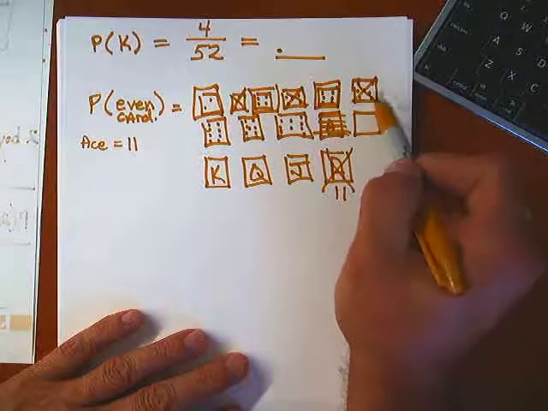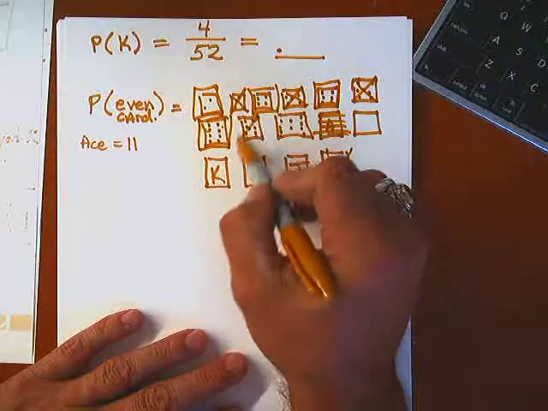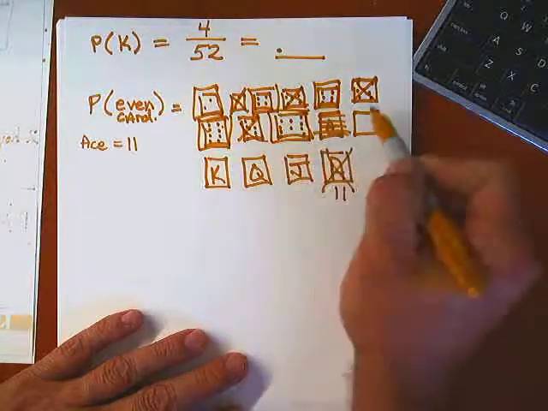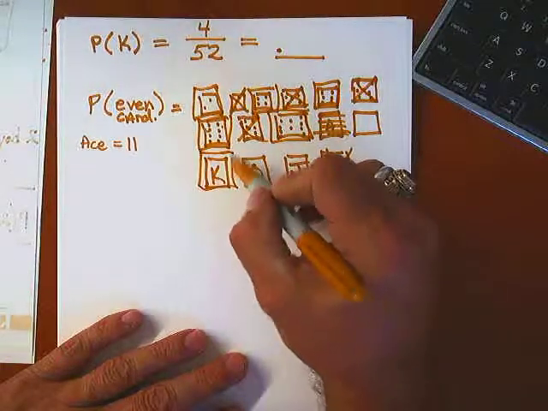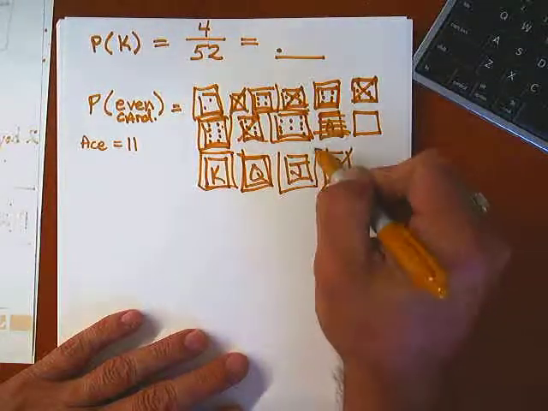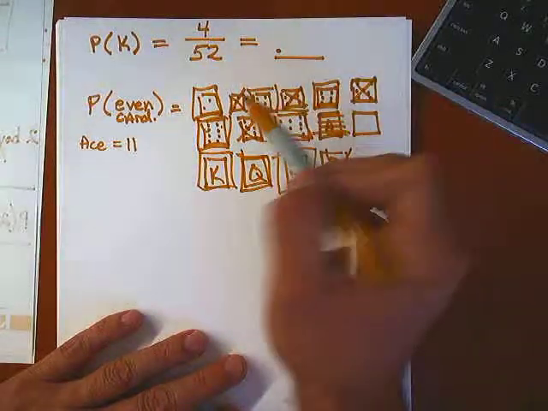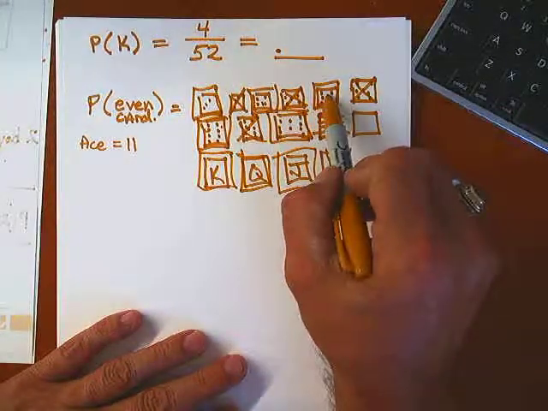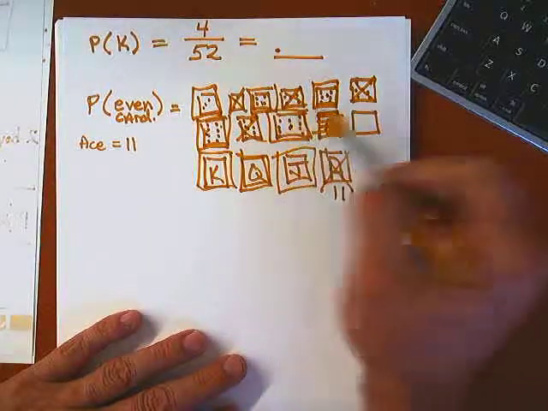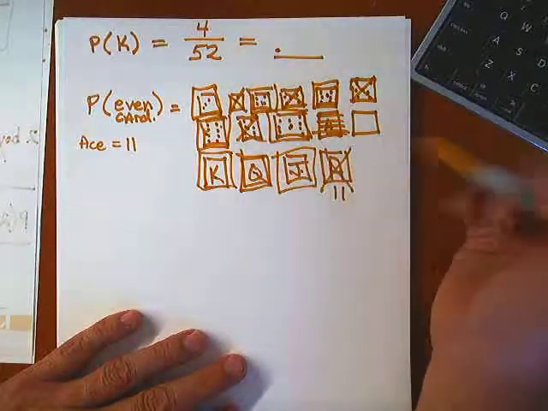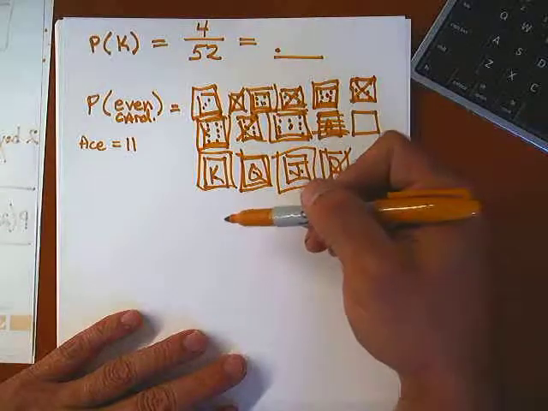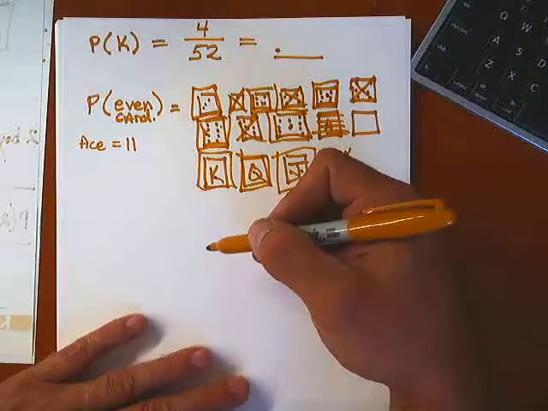Alright, we know that's 11, so it doesn't count because we want even. There's an even. There's an even. There's an even. There's an even. There's an even. And then we got evens here because face cards are 10. So I think we got everything.